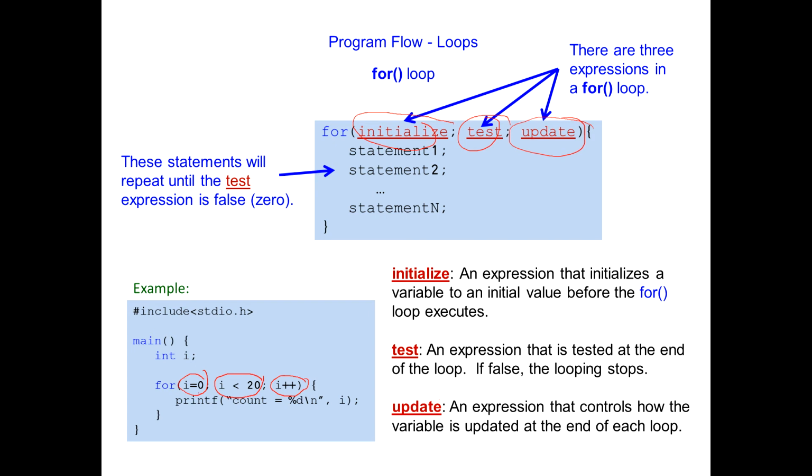We do the test to see, is it less than 20? It is, so we run the statement. Then at the very end is where the update occurs, and we come around and test again. Is it less than 20? Do the statements here, do the update, and come around and test again.